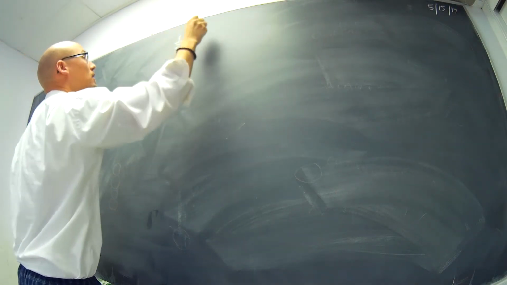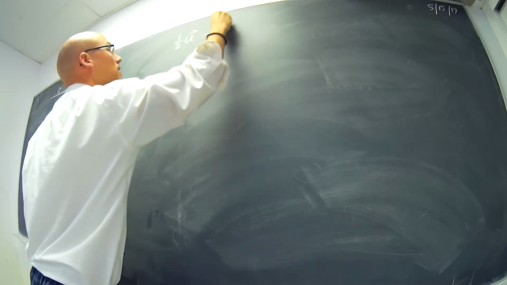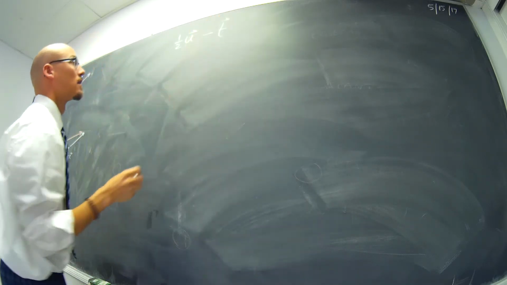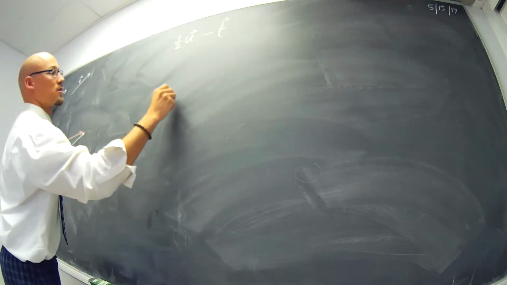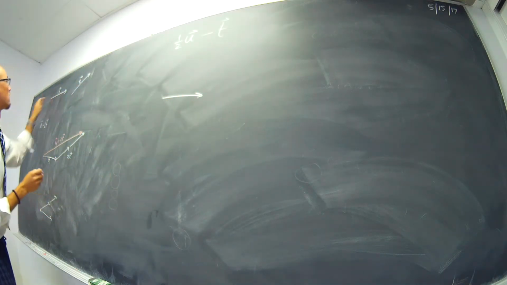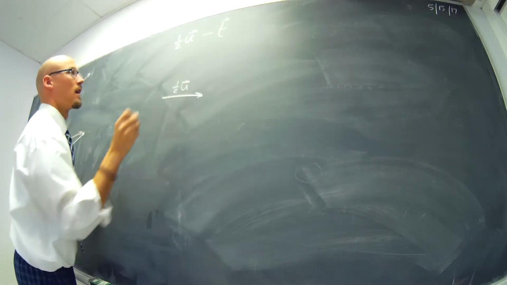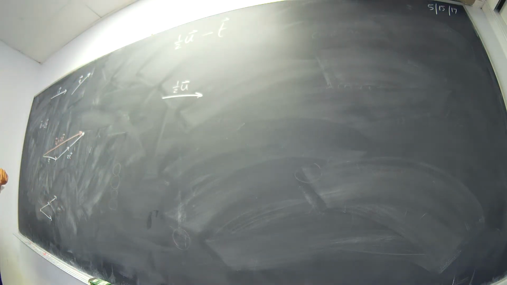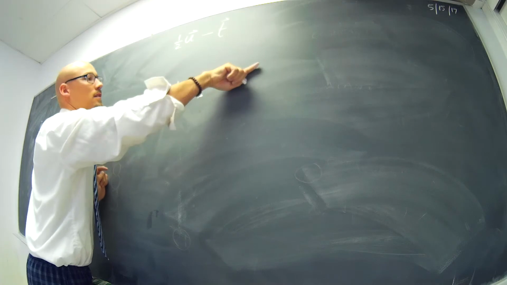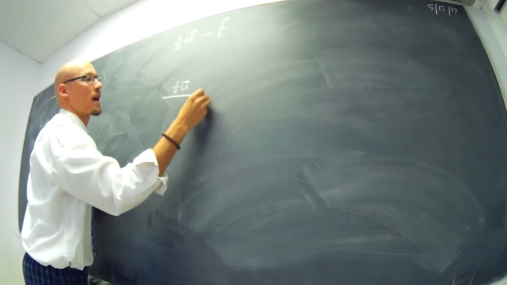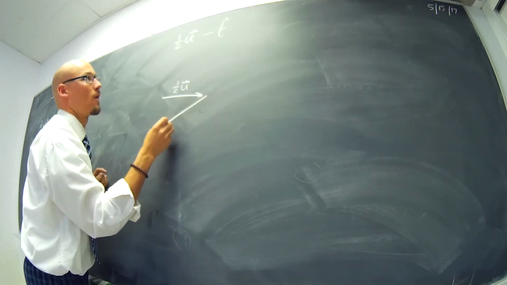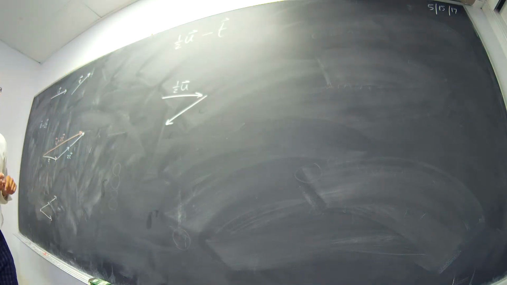Let's do half u minus t. So here's u, so I'm going to do half of u. That's about half. Half of u. And then minus t is going to go backwards. It just goes negative, the opposite direction.